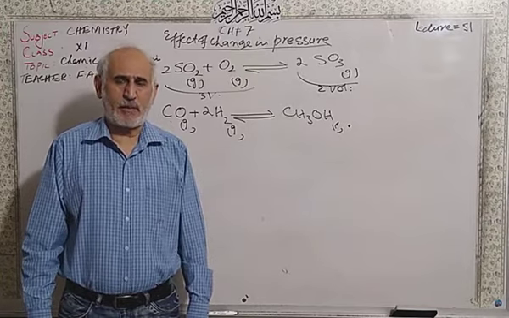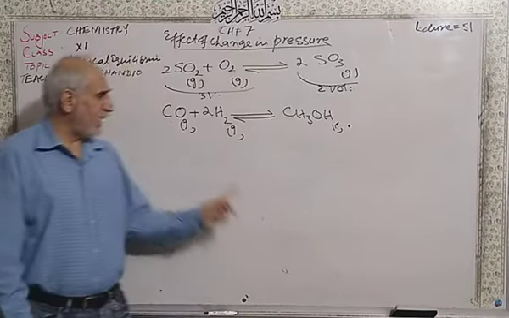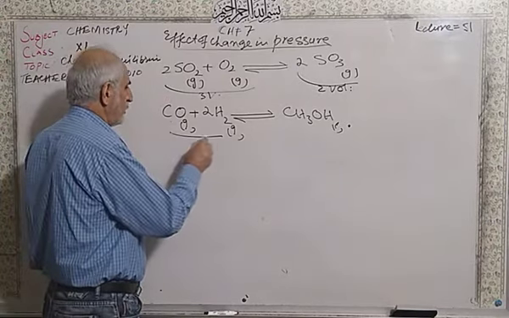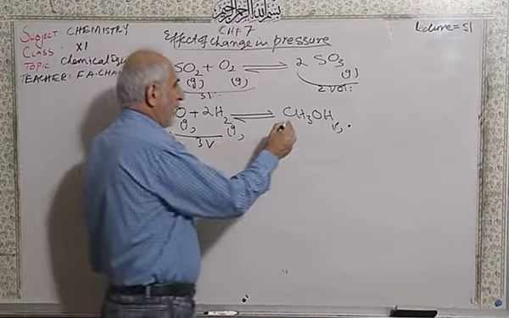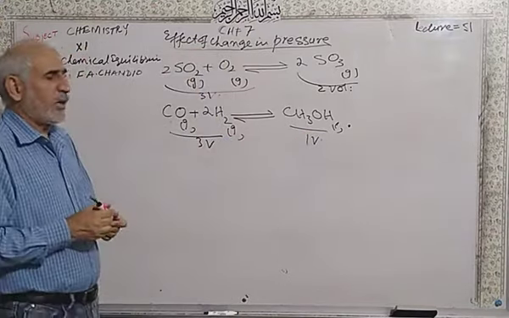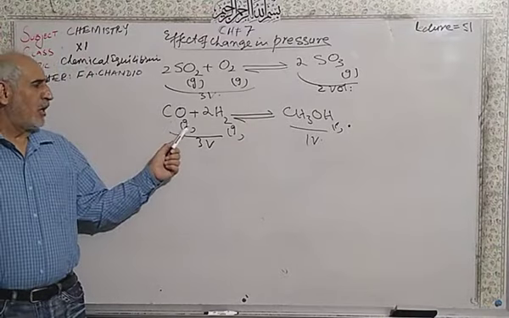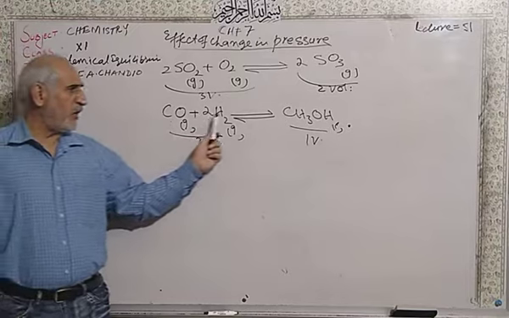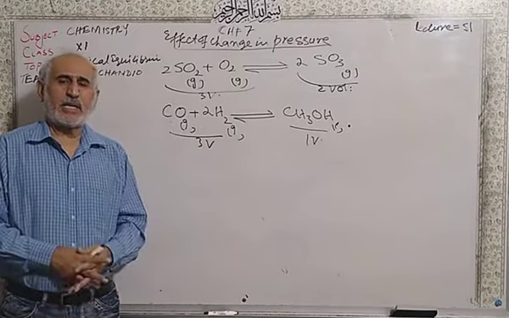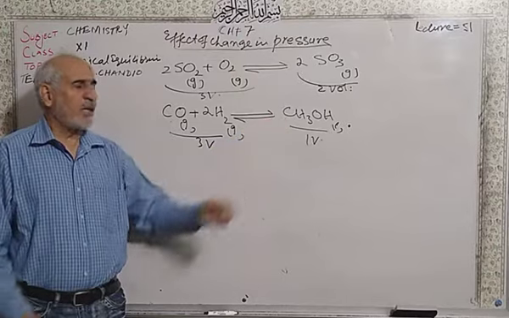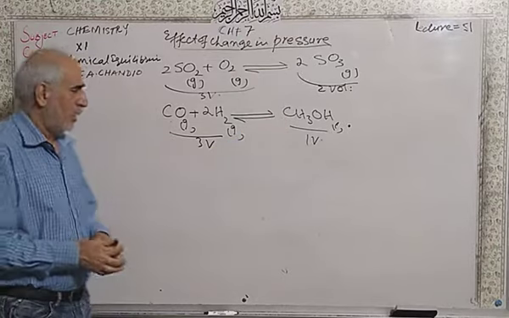Towards the right side. Same case here. Here are three volumes and here is one volume. If you increase the pressure on this system, the system will move towards the right according to Le Chatelier's principle, so that you can get more alcohol.